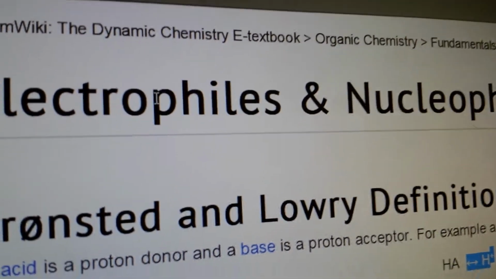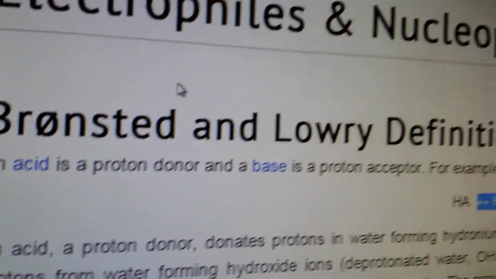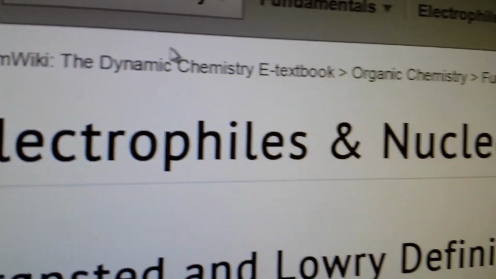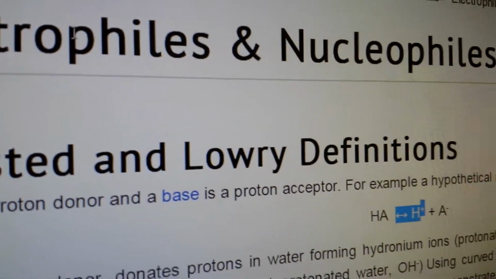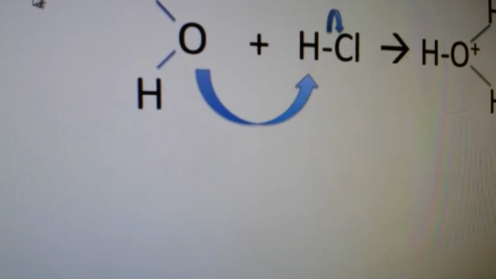This is the Bronsted and Lowry acid base theory. The topic here is electrophiles and nucleophiles, but first we described what the Bronsted and Lowry definition of acid and base is.